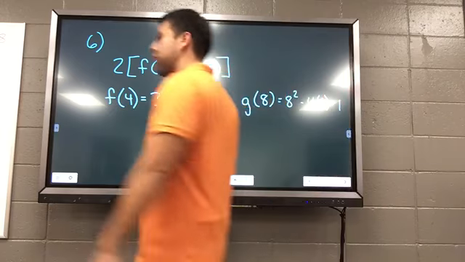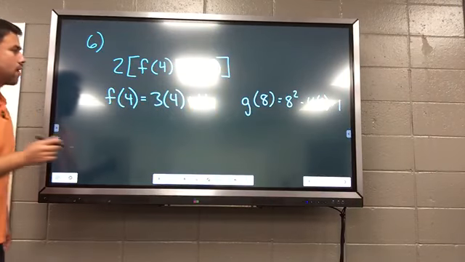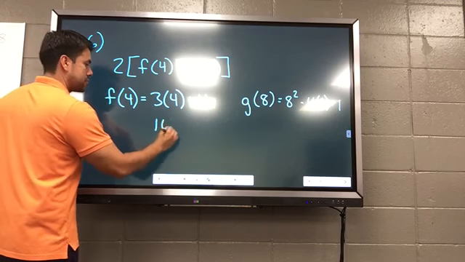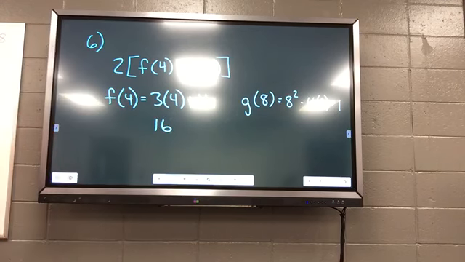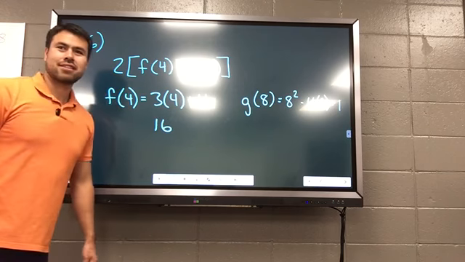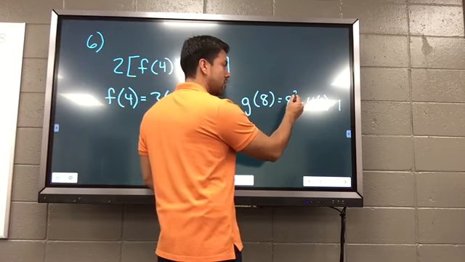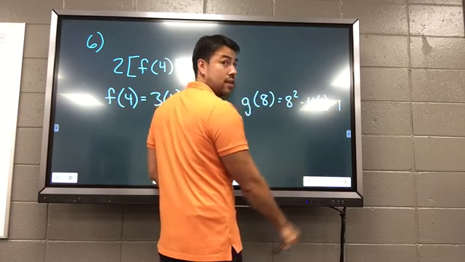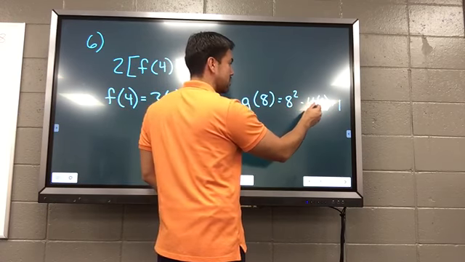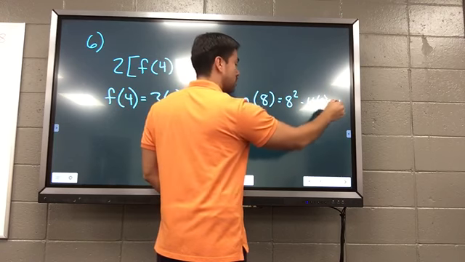Okay, who has f of 4? Josh? Okay, 16 okay with you guys? Who got g of 8? Cole? Okay, did you get 64 minus 32 plus 1? Yes. What's 64 minus 32? 32 plus 1? 33.